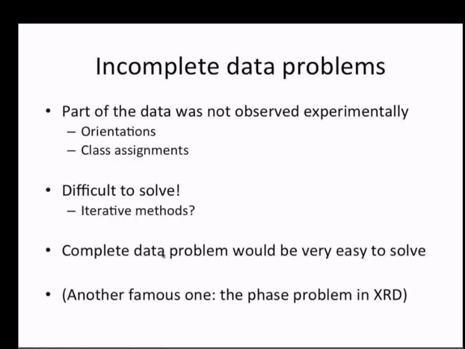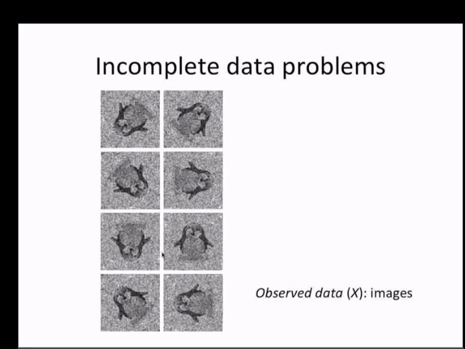So the phase problem in X-ray diffraction is to some extent analogous to our orientational or class assignment problem in single particle analysis. So, for example, in our no-CTF two-dimensional averaging test case of these penguin images, these are the observed data, X, and there is missing data, Y, which are the relative orientations of all these penguins.